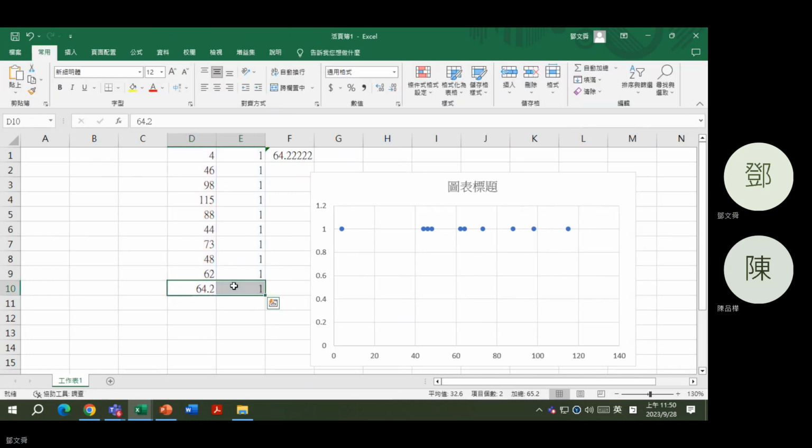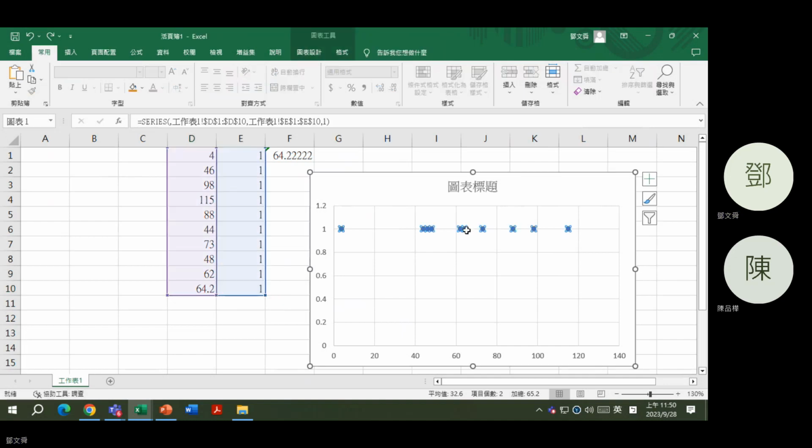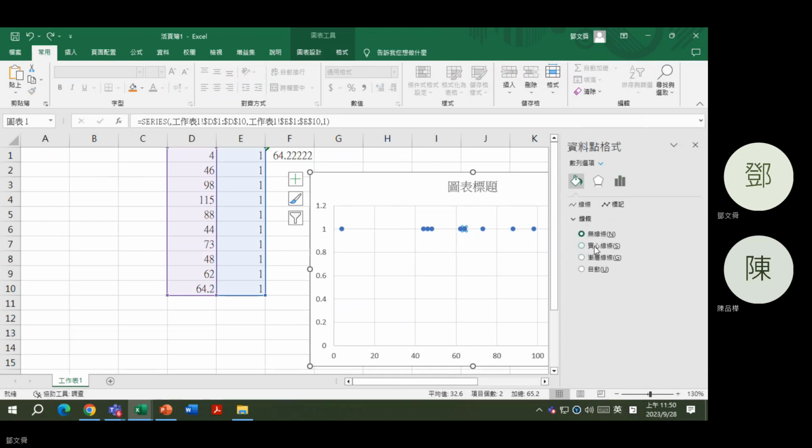Which one? If I remove this cell, what happened? Oh, this one, yeah, this one. I will make it bigger and different from the other, and a different color.